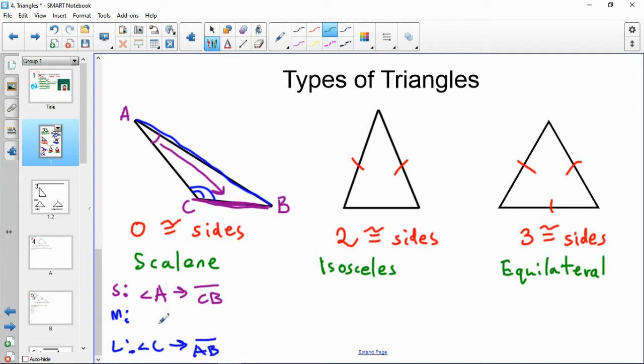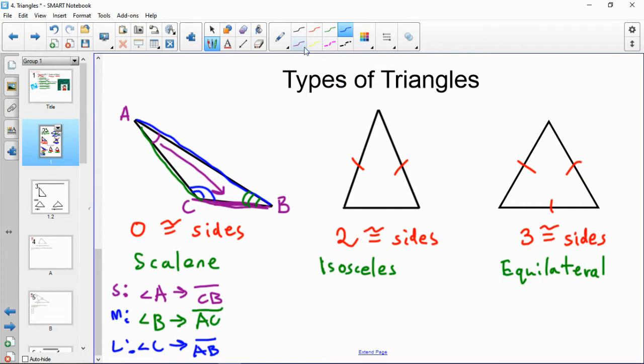And then, of course, logically, it would only make sense that the medium angle leads to the medium length side within the triangle. And that is a good thing to remember when you're dealing with triangles if you just need to estimate the order of sizes in terms of angles or sides.